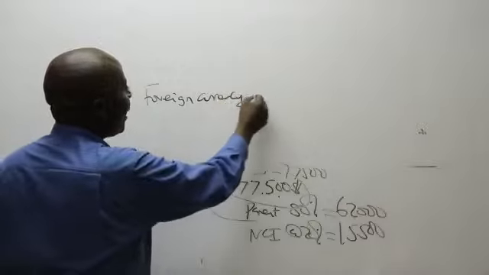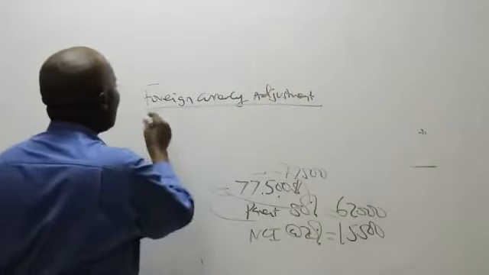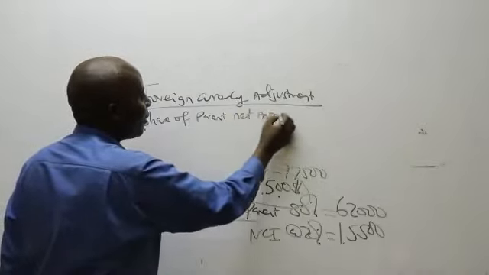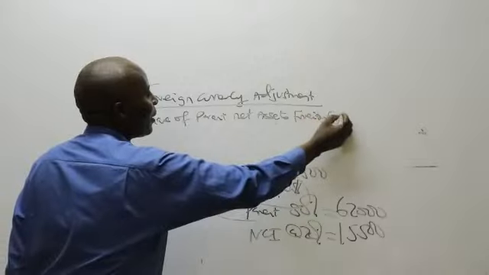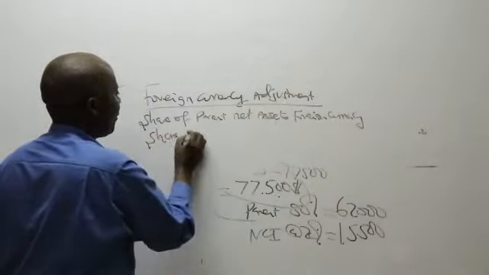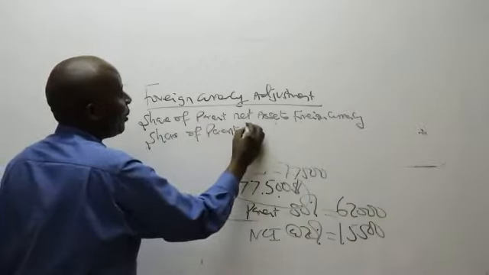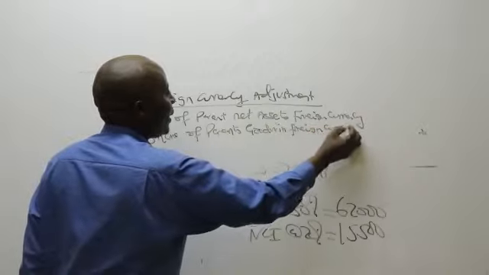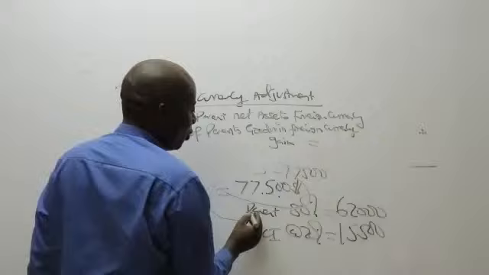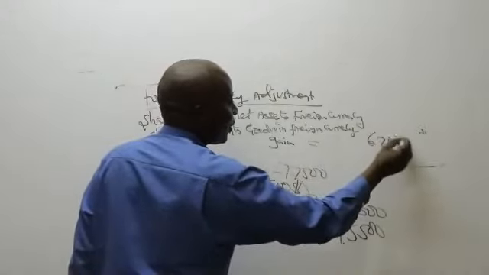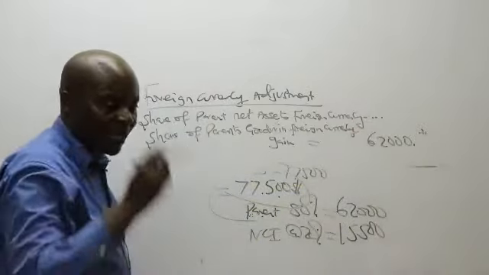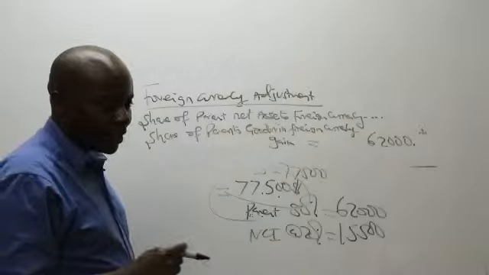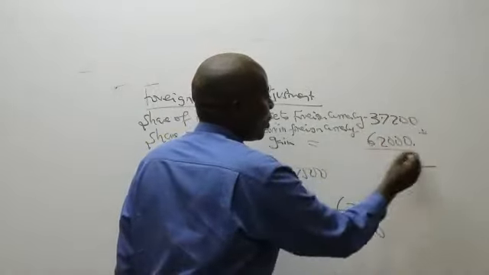Foreign currency adjustment: I can see there is share of parent's net assets, foreign currency, and there is share of parent's goodwill, foreign currency gain. This is what you told me now, goodwill foreign currency gain, 62,000. The one for the parent I have forgotten. How much was it, somebody? 37,200.